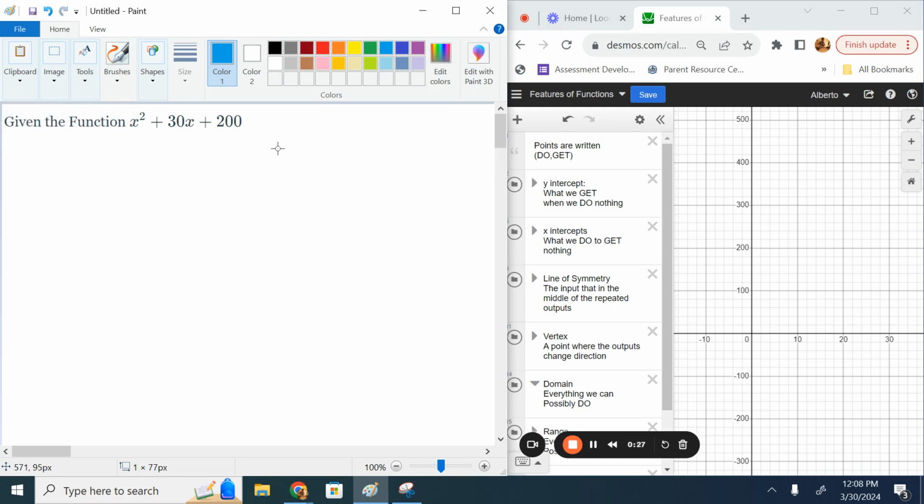Okay, so the y-intercept is always written as I do nothing and I get some value. This one's easier to do first because when I input a 0, we can quickly see what we're going to get.